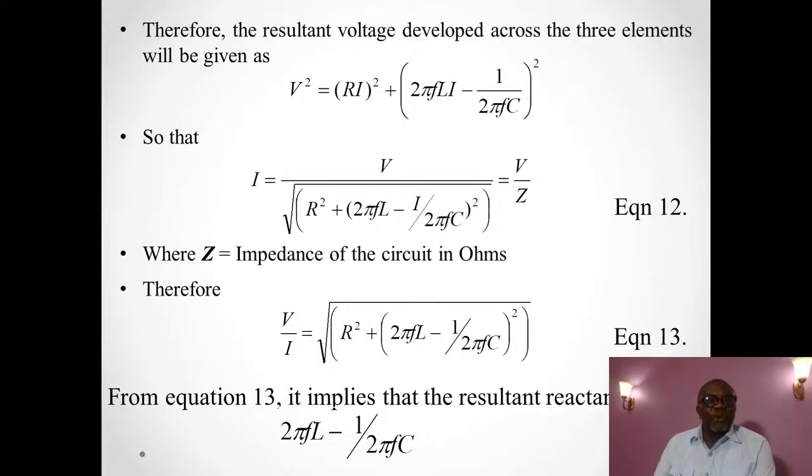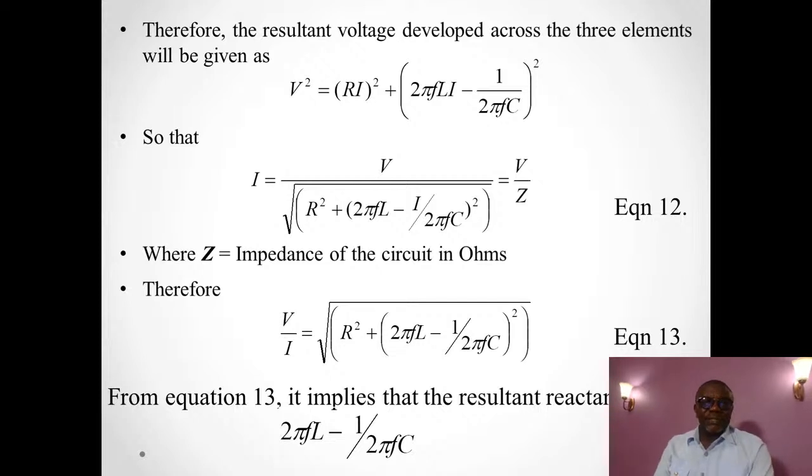So if it is so, it means that we can find the equivalent voltage drop across the three circuit elements: the resistor, the inductor, and the capacitor, based on the fact that this one is leading while this one is lagging. Just by common sense, we know what we mean by leading and lagging.